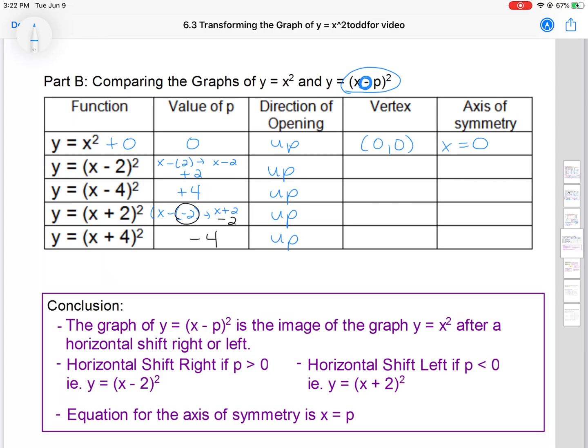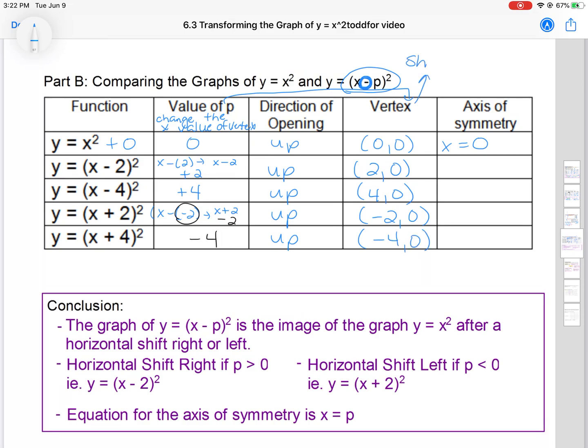But now the vertex, so this is going to change the x value of the vertex when you do horizontal translations. Okay, so this is going to be 2, 0, 4, 0, negative 2, 0, negative 4, 0.